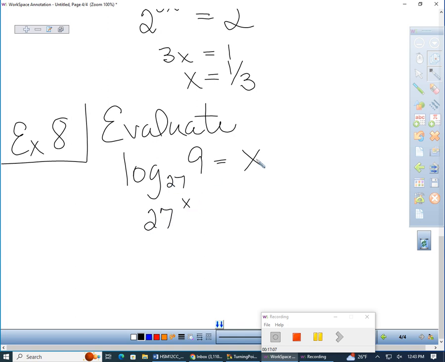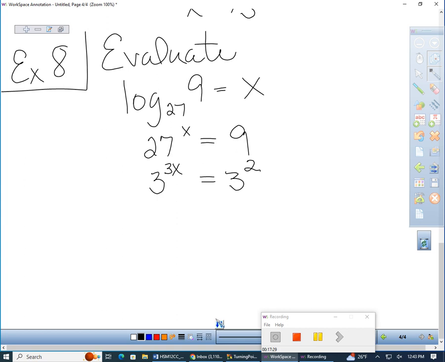The base of the log is always the base to our exponent. What number do both of those have in common? 3. I agree. So 27 is 3 to the third power, and it has an x on it. And 9 is 3 to the second power. 9 is 3 squared. So now since the bases are the same, it's a one-to-one function, what can I do with my exponents? Set them equal to each other. Thank you. 3x equals 2. Divide both sides by 3, and x equals 2/3.